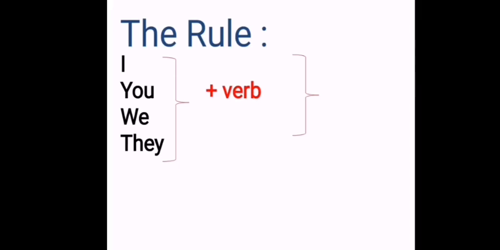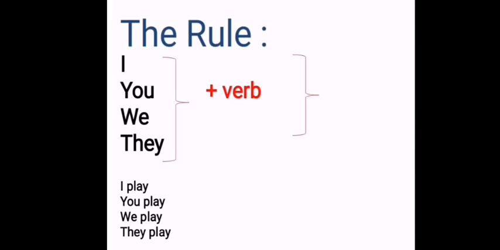What is the rule? How do we use the simple present? So, with I, you, we, they, we add the verb. I, you, we, they, plus verb. Okay? Let's take an example. I play, you play, we play, they play.